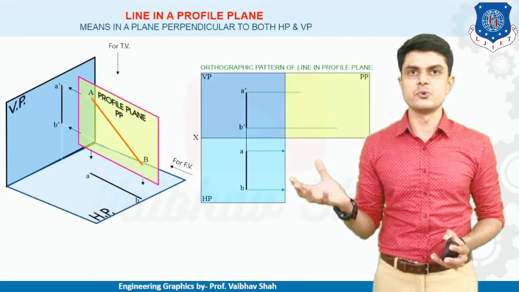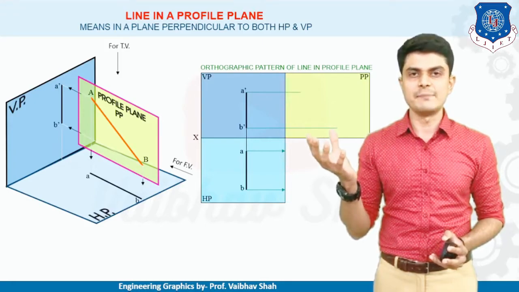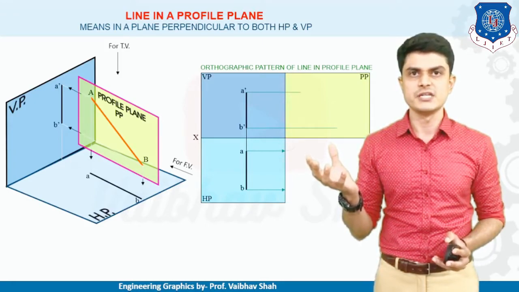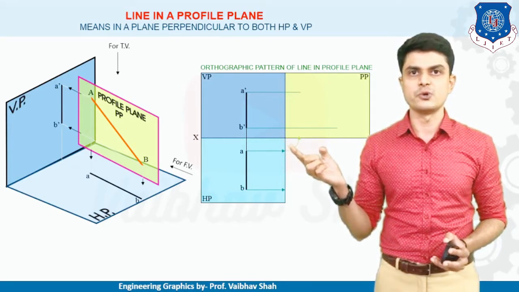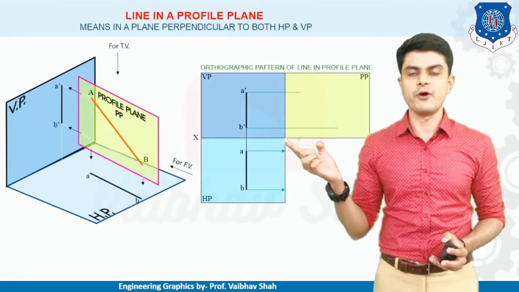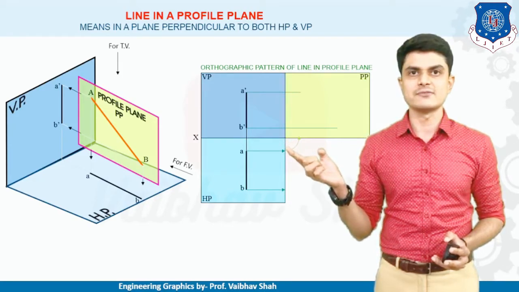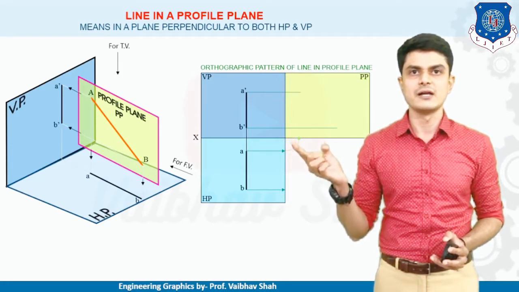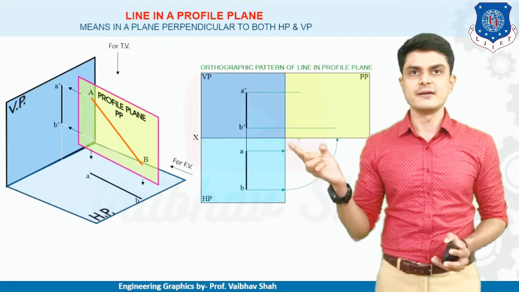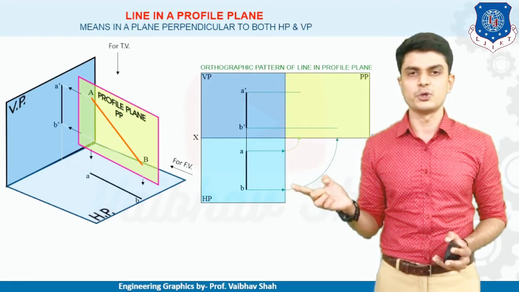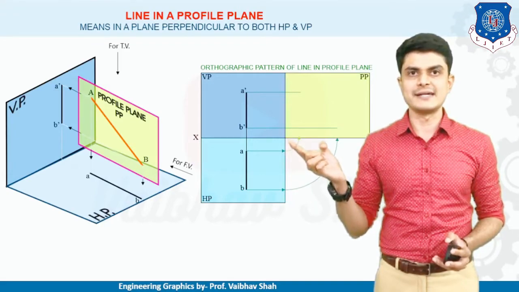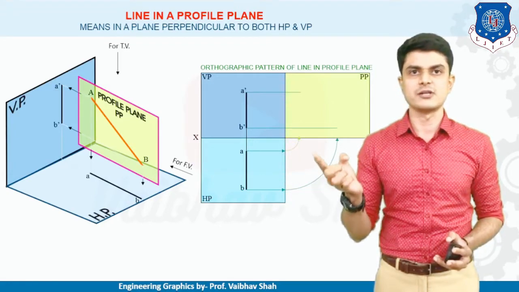Now if we need to find the views in the profile plane, we need to follow this course. We take the radius of this portion onto the rounder, put this point as our center, take the radius equal to this and draw one circular arc. Once again, take the radius starting from this point till this point onto your rounder, take this point as the center and draw one circular arc.